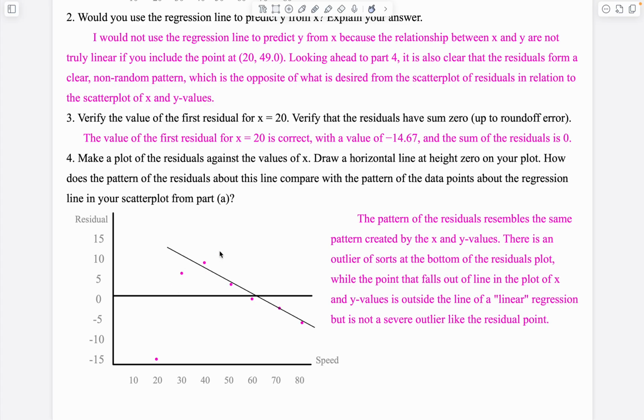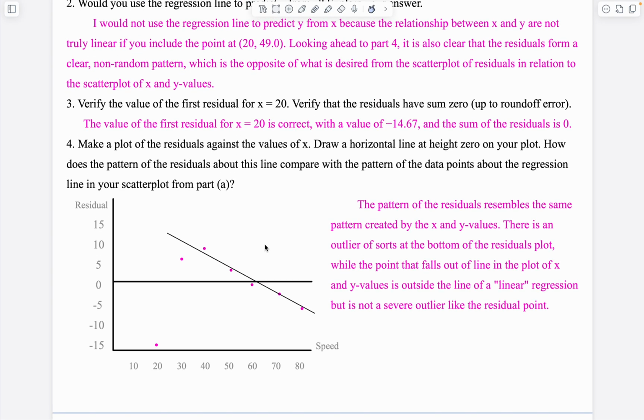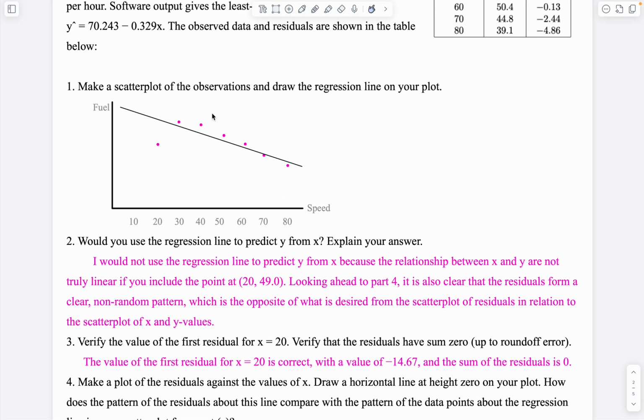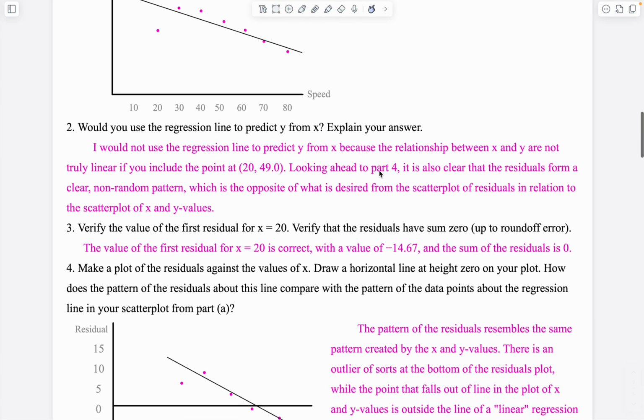But because of that outlier and the rest of the graph, there is a very similar pattern to this regression of these residuals compared to the one in this graph of x and y.